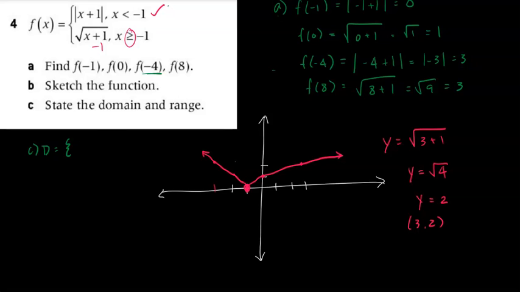So the domain of this is going to be all real numbers. Okay, the range looks like it's all greater than or equal to 0. So y is such that y is an element of all real numbers, y is greater or equal to 0. Okay? Good job.